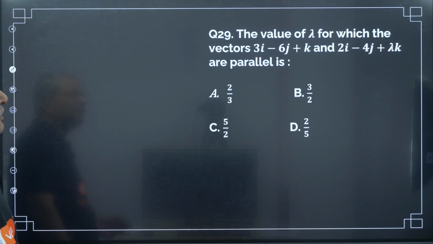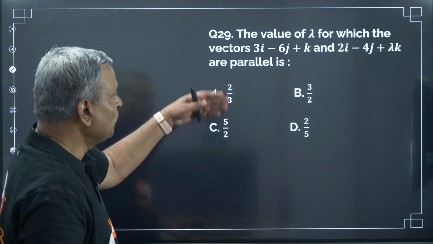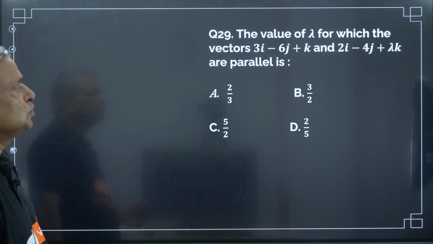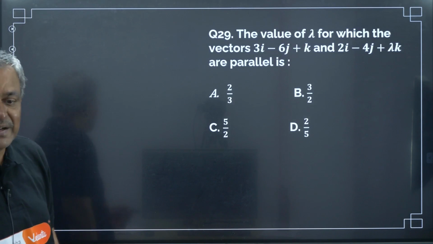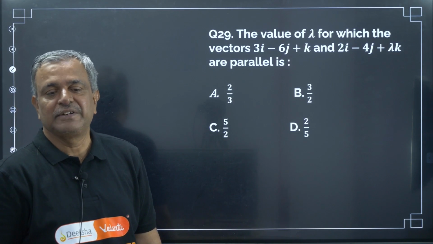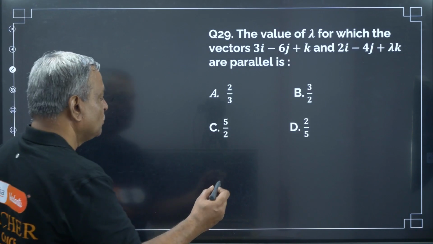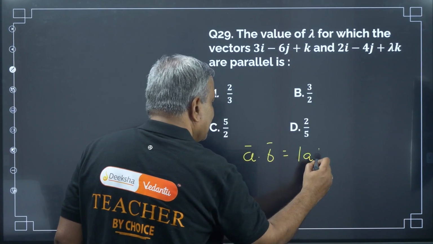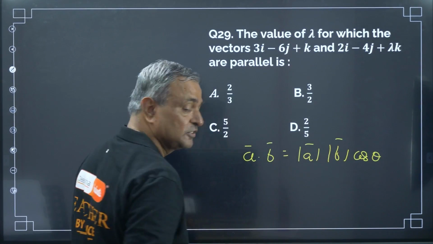The value of lambda for which these two vectors are parallel. When they are parallel, you compare the coefficients. 3i minus 2j plus k and 2i minus 4j plus lambda k are parallel. Whenever parallel, the angle between them is 0. So you take the dot product. What is a dot b? Mod a mod b cos theta. Cos 0 is equal to 1.